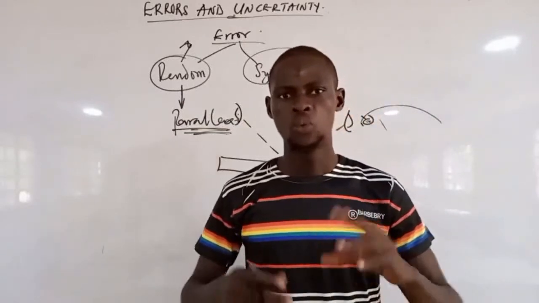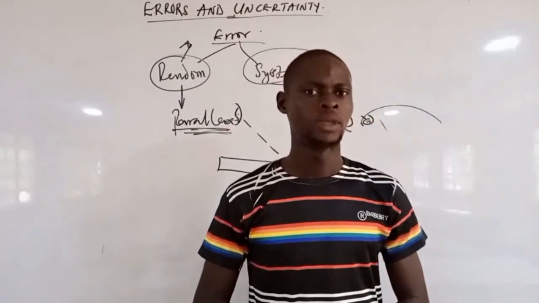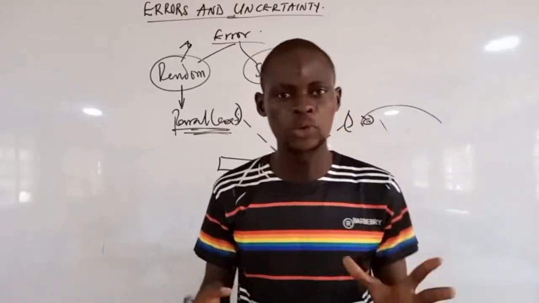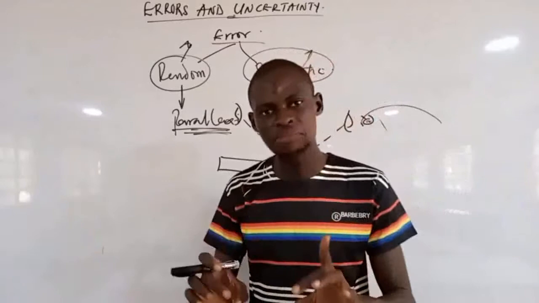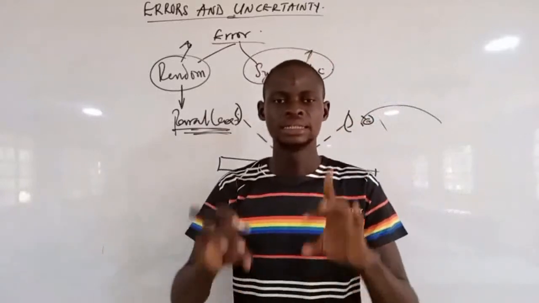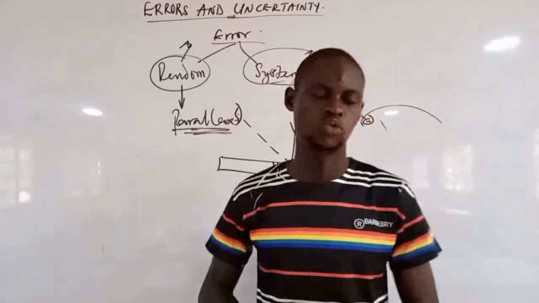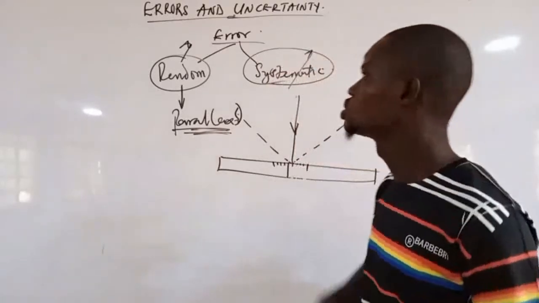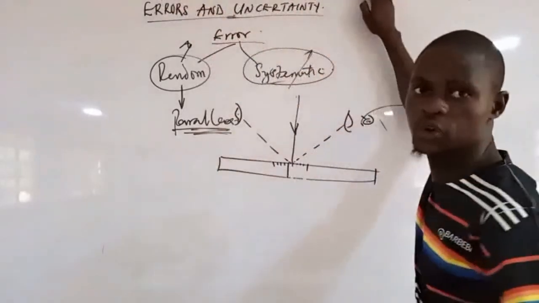Now, what is uncertainty? You see, it is impossible for two people to measure the same reading and this reading will be accurate. For example, I ask two different students to measure the length of this board for me.